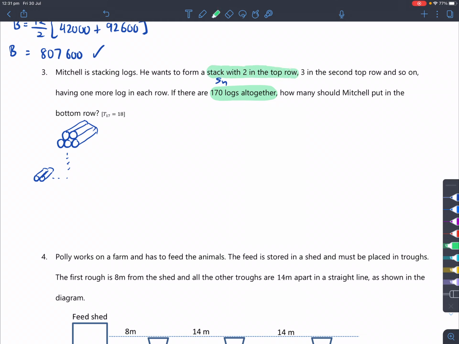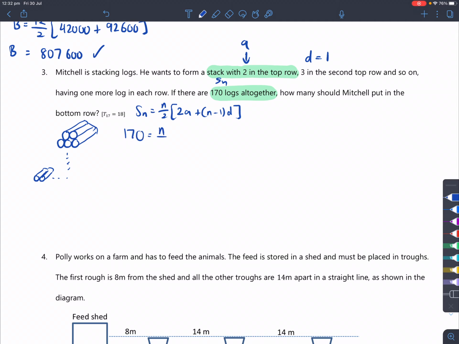We have a stack of 2 logs in the top row. So A is 2. But if it's 3 in the second top row, that means the difference between each row and the next row is 1. So now we're going to use this formula: Sn equals n over 2, 2a plus n minus 1 d, where Sn is going to be 170.